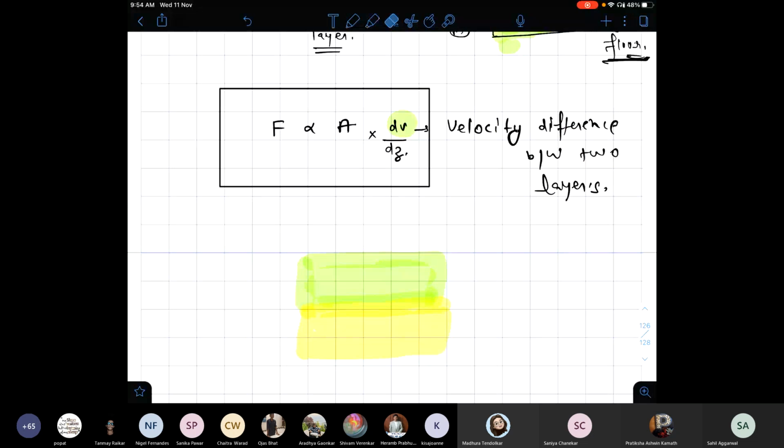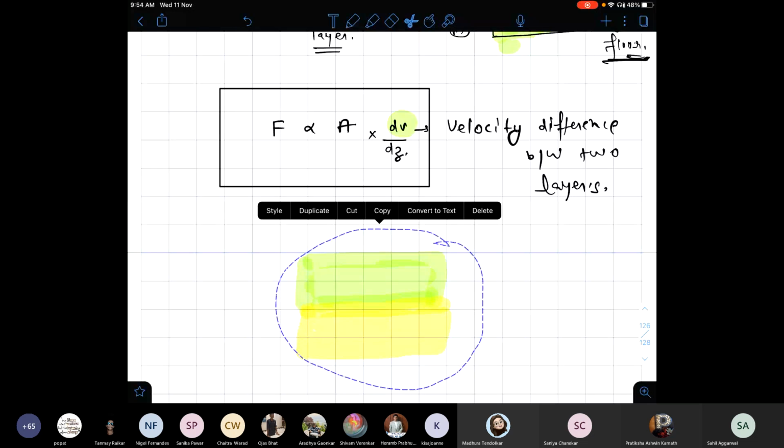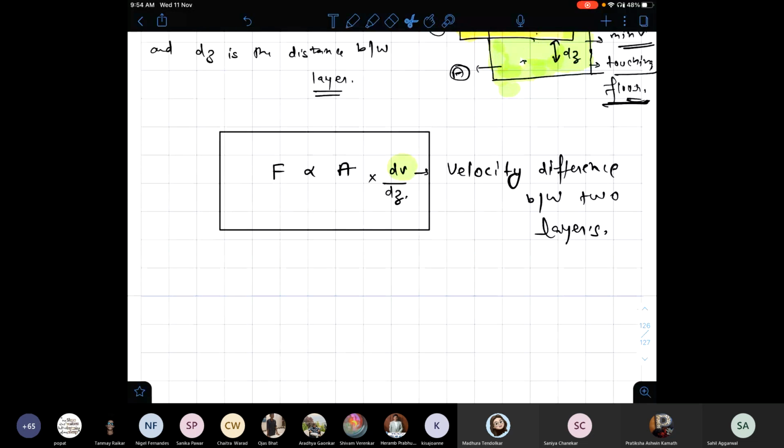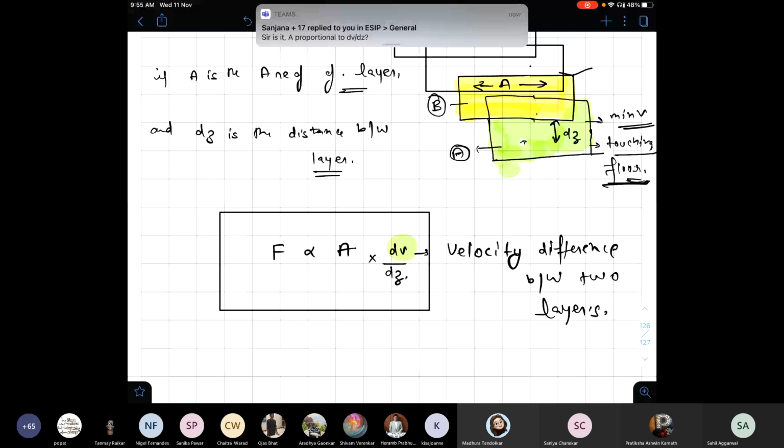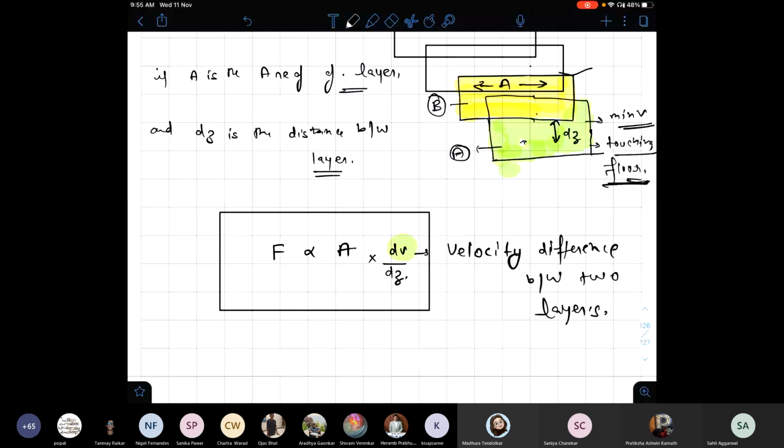Okay, Sanika, Sanjana. Sir, is it A? No, we are relating this with force, the viscous force.